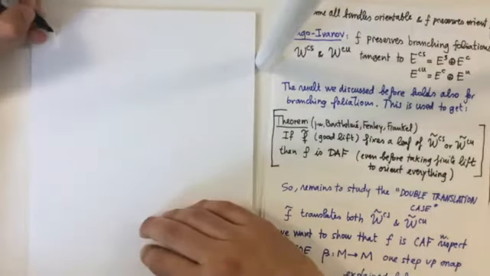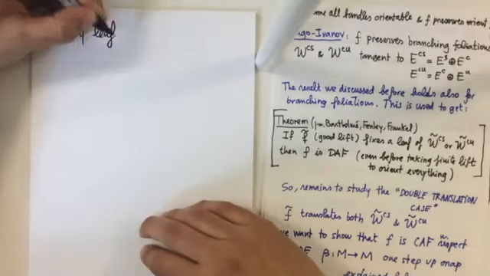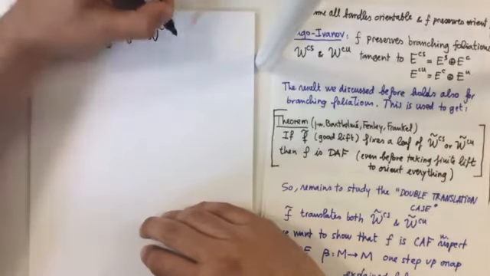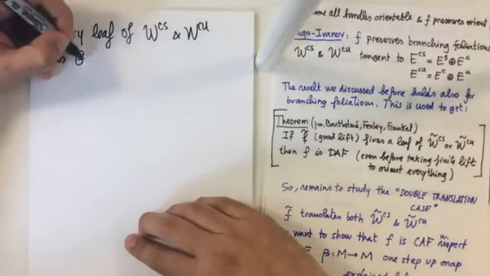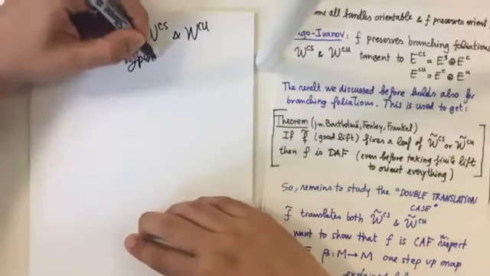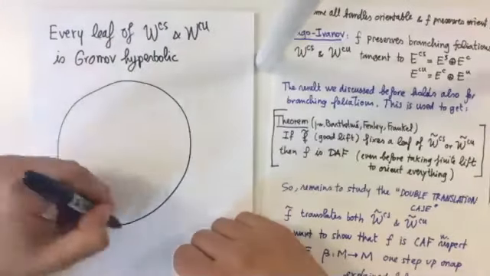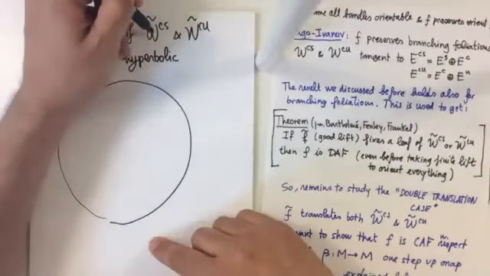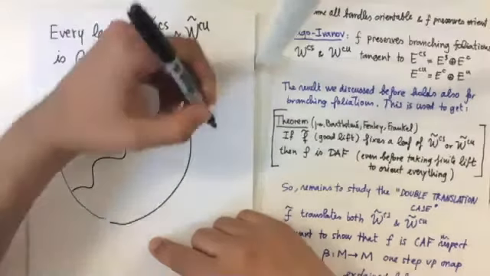So every leaf of this is Gromov hyperbolic. And essentially, we want to show that every center leaf in the universal cover, so the intersection of a leaf of this and a leaf of this, is a quasi-geodesic.